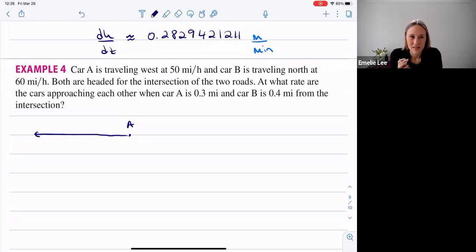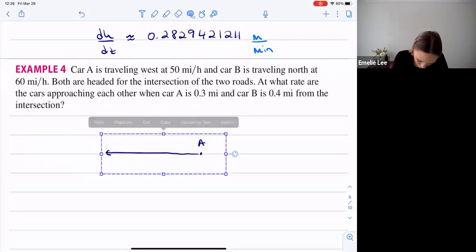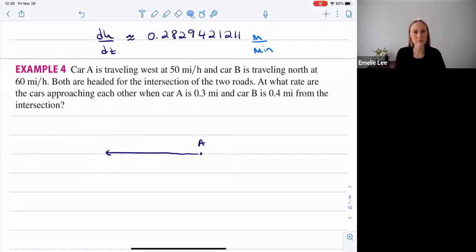All right. So, like I said, we started off and we said, okay, let's say car A is here and it's heading west. At some rate, I'm going to hold off on writing down the rate. In fact, I'm going to put this down here in the middle.